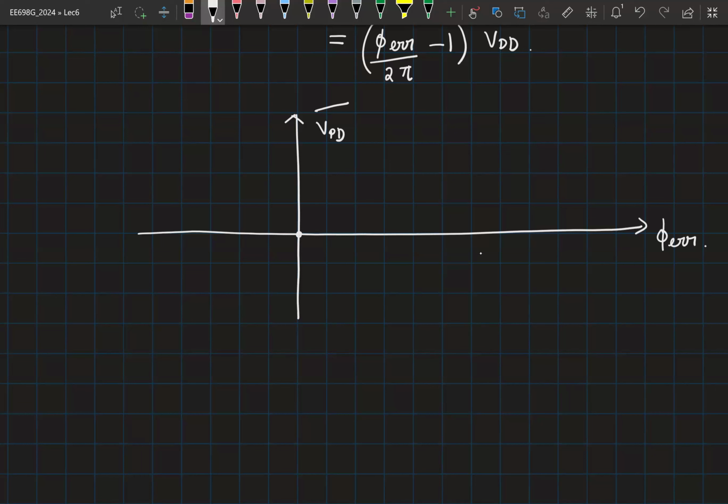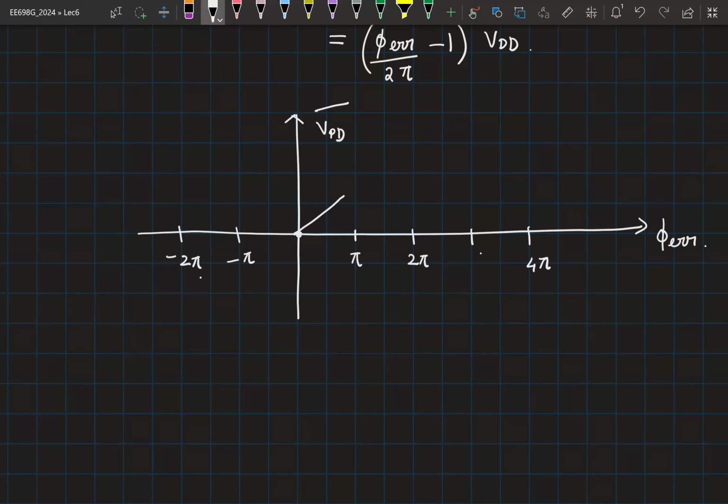Right? So we are going to plot it till, let's say, pi, 2 pi, 3 pi, and 4 pi. On this side, minus pi, minus 2 pi. What is the curve that you got? Between 0 to pi, how would it look like? Straight line.